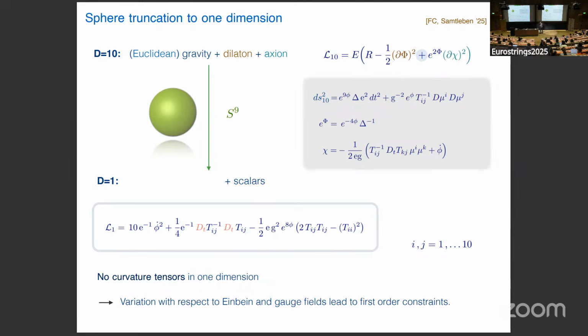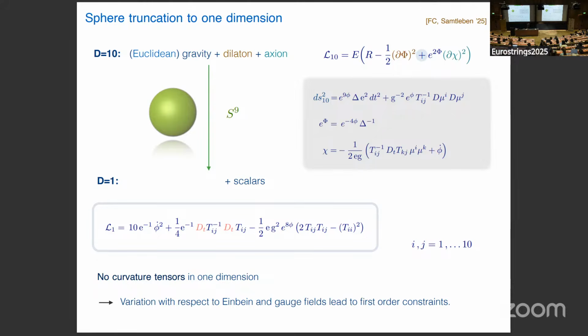And so the claim now is that if you do this truncation ansatz, where on the left-hand side you see the 10-dimensional fields, and on the right-hand side you see the fields of a one-dimensional theory, where all the fields here only depend on this time coordinate t, and this μ here are the embedding coordinates of the sphere. So if you plug this truncation ansatz into the field equations of the theory, you will find actually the field equations of this lower dimensional theory.